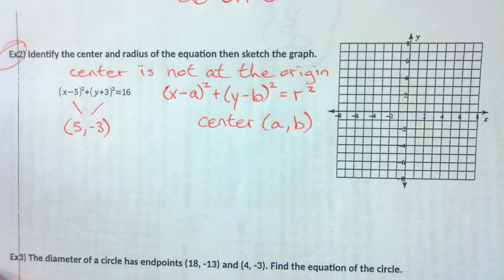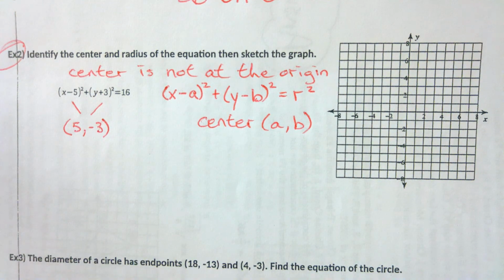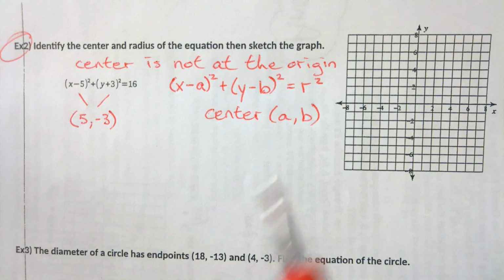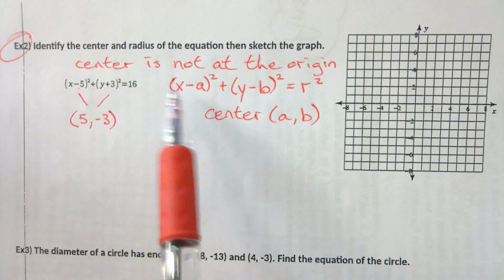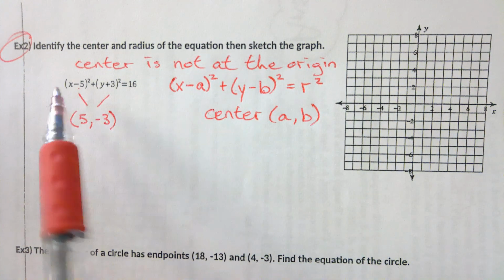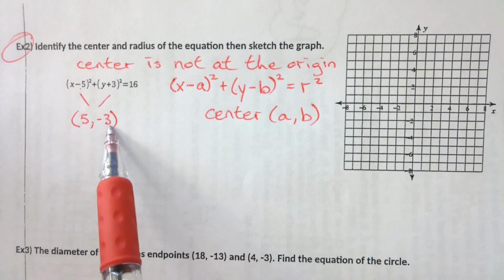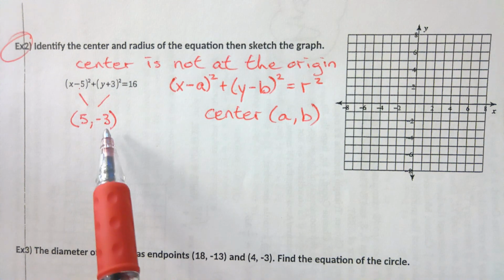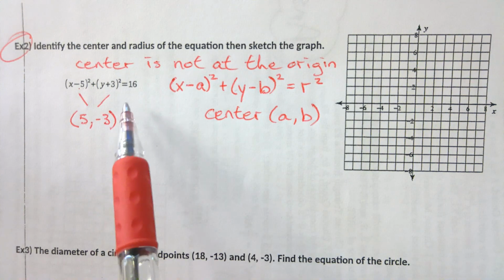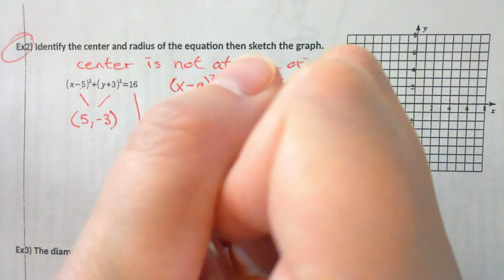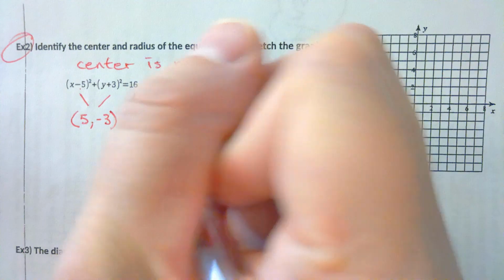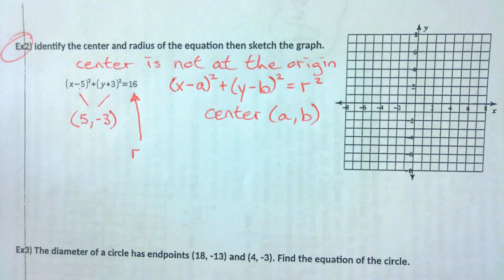Again, example 2 is not on the test, but I want you guys to know for next year. Okay, and so if you match this up, what is A, what is B? That means A is 5 and B is -3. It's the opposite sign. And then looking at here, if this equation equals 16, what is R?